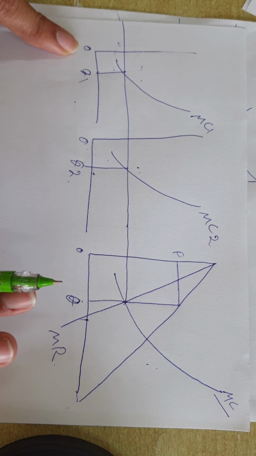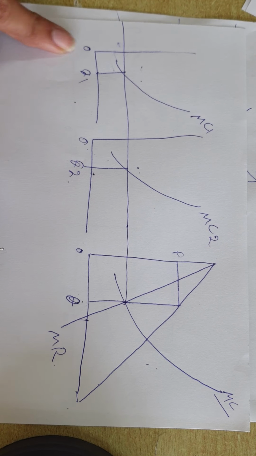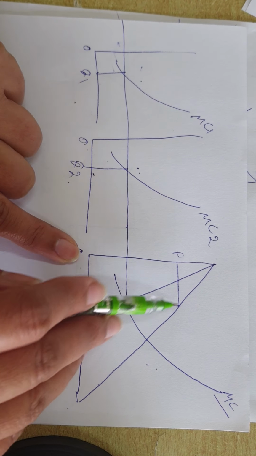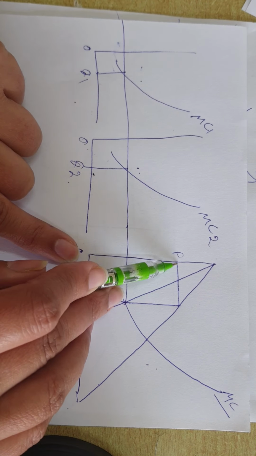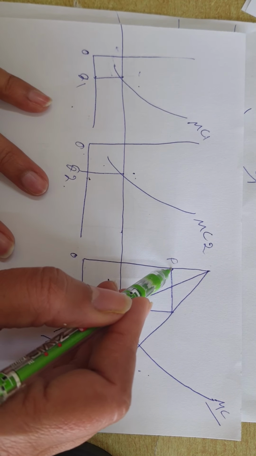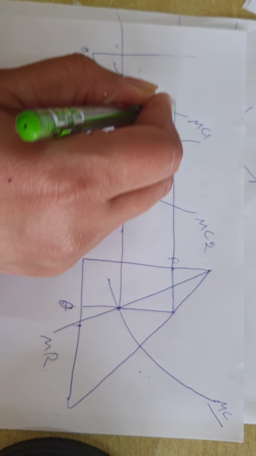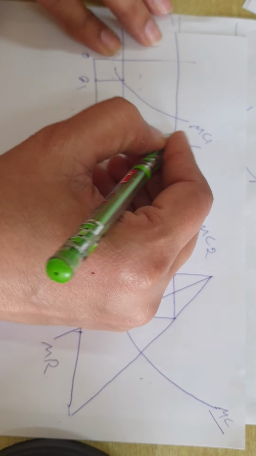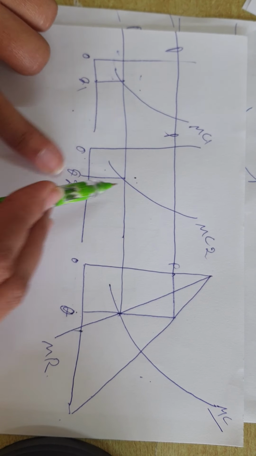Now let's talk about the price. The price is fixed by the demand curve, like in every case we have already discussed in markets. So this price will be charged for the commodities. So this is the price and this is the quantity.